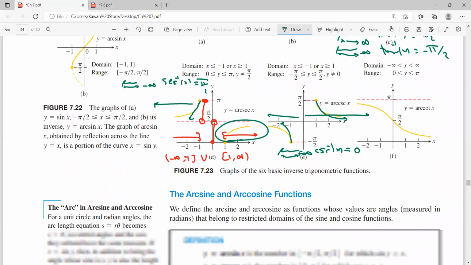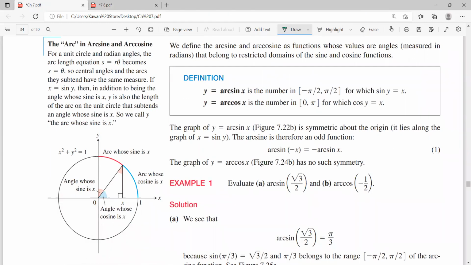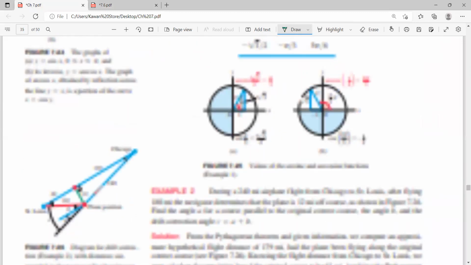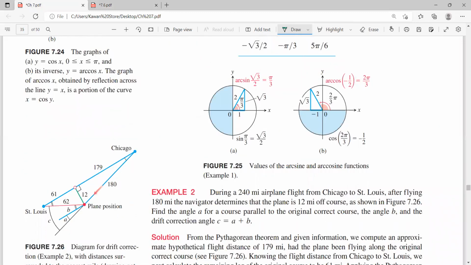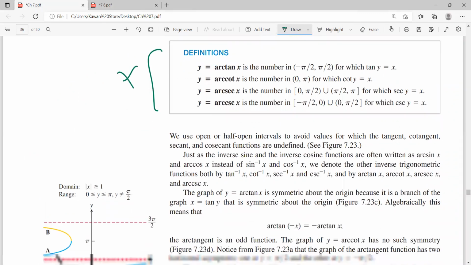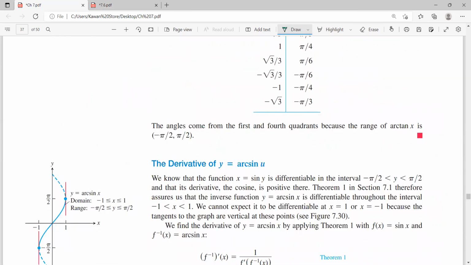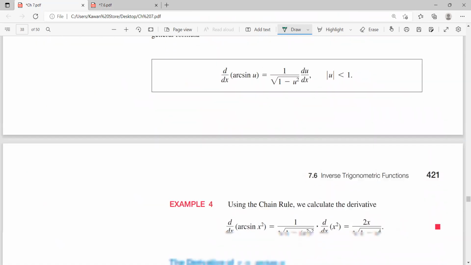The second point: this identity and this one are not very important actually. Just study the two that I gave you. We don't need these identities. The important thing here is this table.